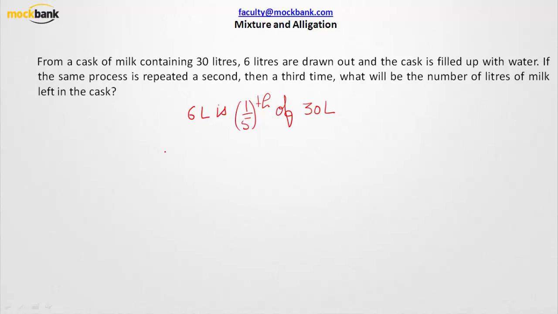So if there is a container containing pure milk and you take out 1/5, what are you left with? Aren't you left with 4/5 of pure milk?